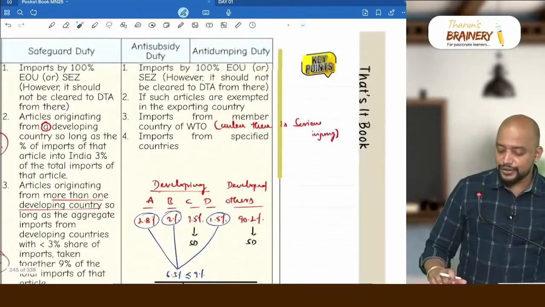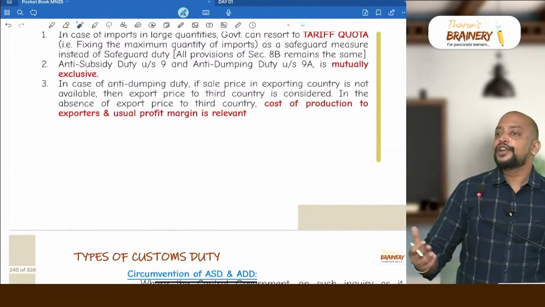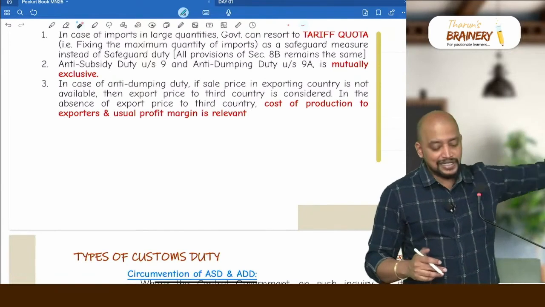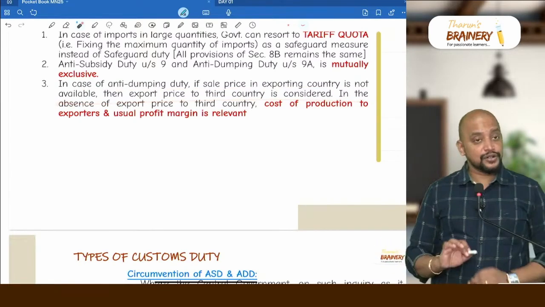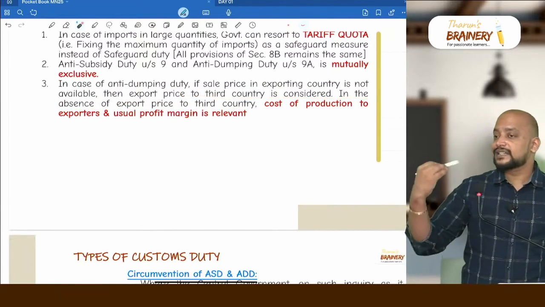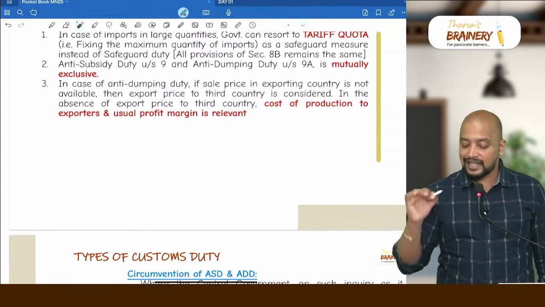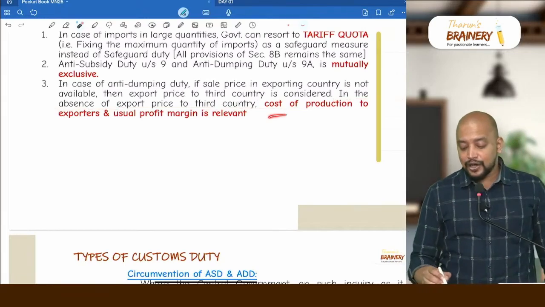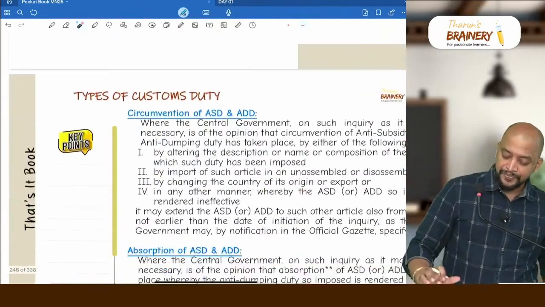So the export price to a third country should be taken, and if that is also not available, then we need to determine cost of production plus usual profit margin in that exporter's country. So in case of anti-dumping duty, if the sale price in the exporting country is not available, the export price to a third country is considered. Already they tested this in one attempt, okay, but another point they have not yet tested, they can ask this now: in the absence of export price to the third country, then cost of production to exporters and usual profit margin is relevant.